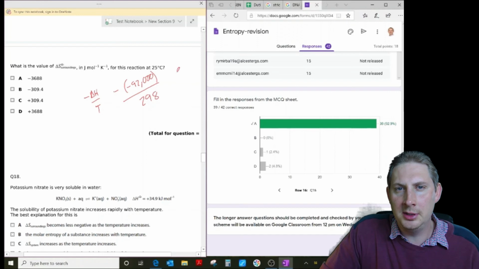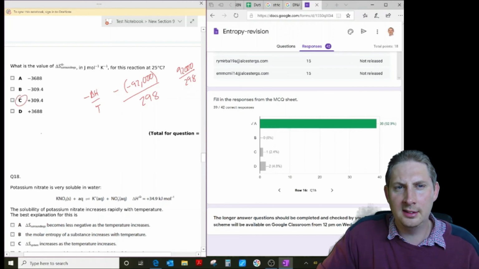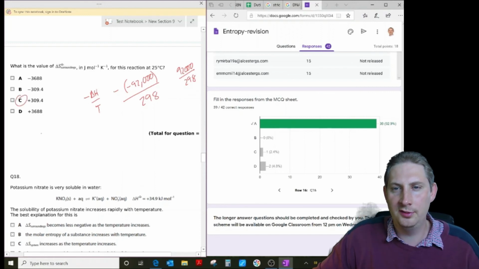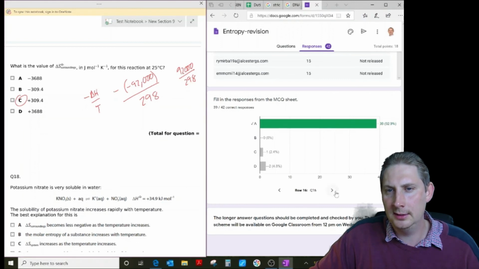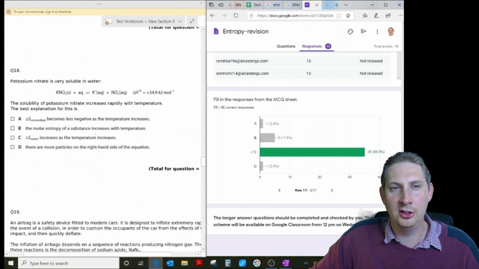So it's going to be 92,000 divided by 298, which clearly isn't this answer. So presumably it's 309.4 C. Yeah.